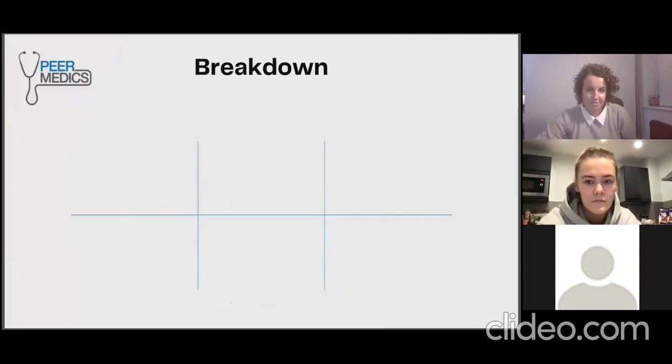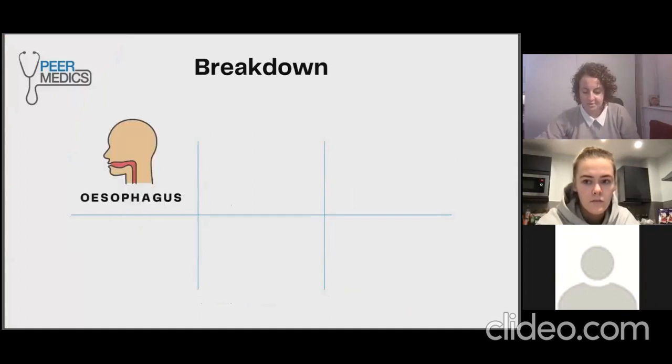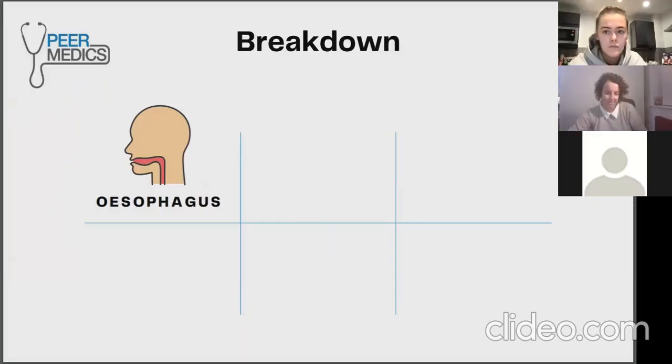Initially, when I'm revising, this is just how I like to revise, by breaking topics down. In terms of general surgery, you've got esophageal pathologies like GORD, esophageal cancer, tears and motility disorders. In terms of the stomach, you've got conditions like hernias, peptic ulcers, gastric cancer, and hematemesis presentation might come under that.